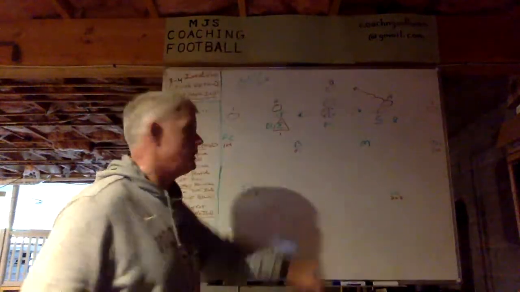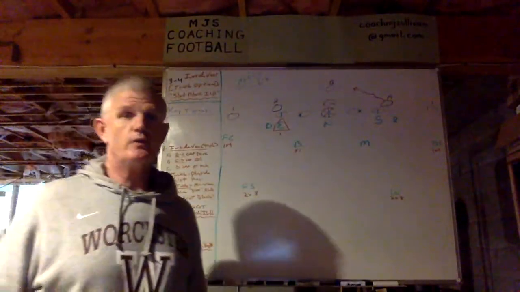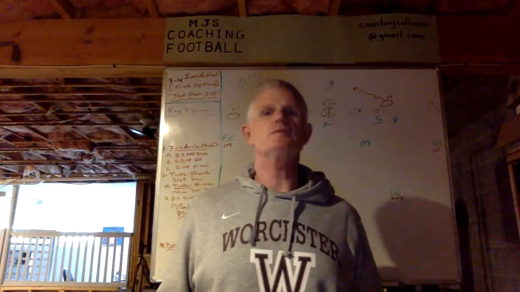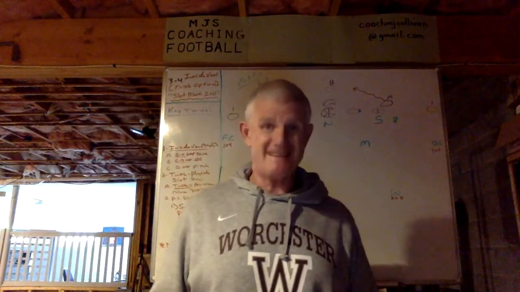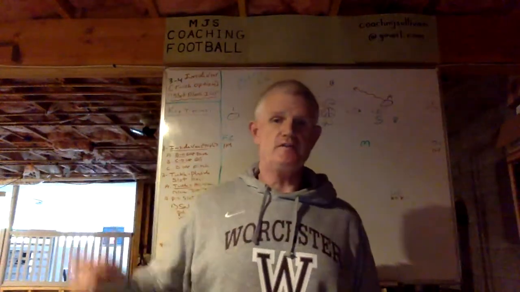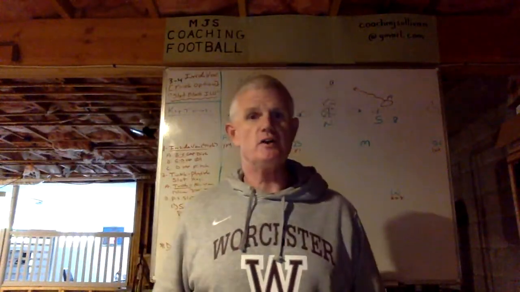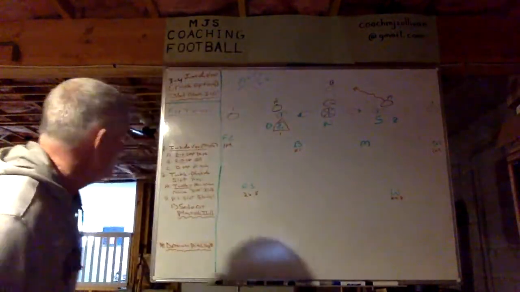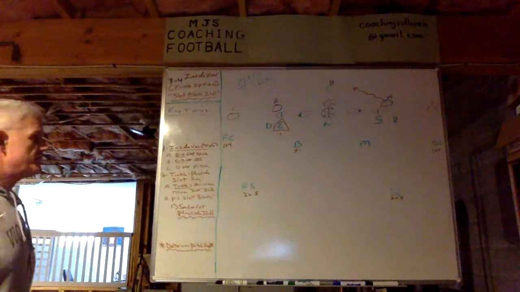And then over here, I will bring it all to life for you, including the techniques that we teach our defenders, to better defend against the inside veer when they're trying to seal off the inside linebacker with the slot.